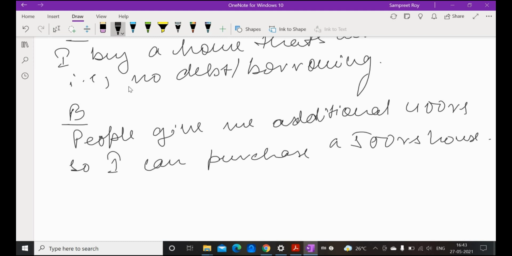Now, see what is the difference. In this second case, I have a loan of 400 rupees, right? This loan is my liability.